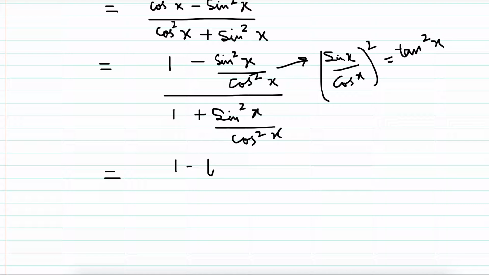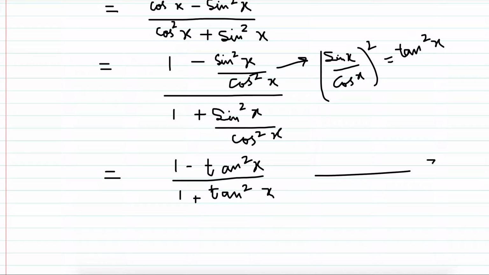So the numerator becomes 1 minus tan square x, and the denominator is 1 plus tan square x. So this is our third formula for cos 2x.